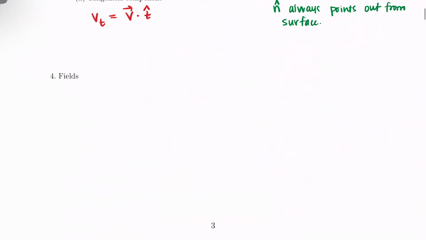The next type of quantity that we're going to deal with in this class is fields. So any quantity, this can be a scalar or a vector, defined over space is a field.